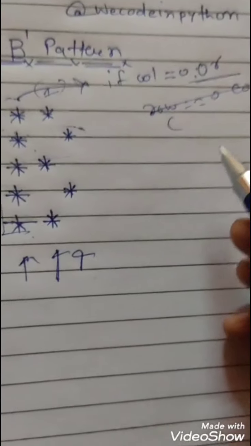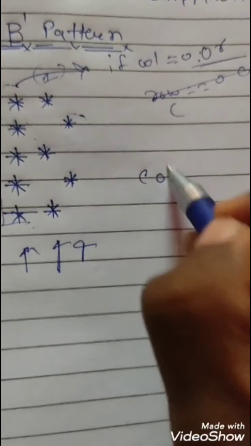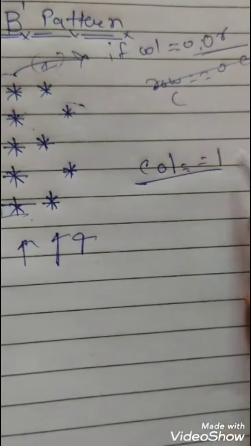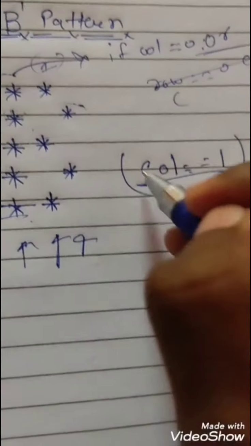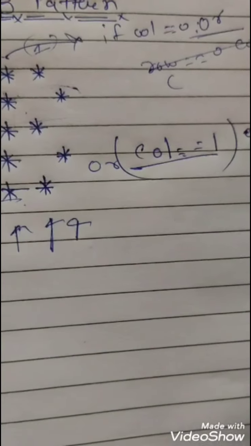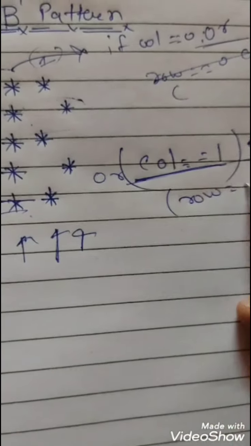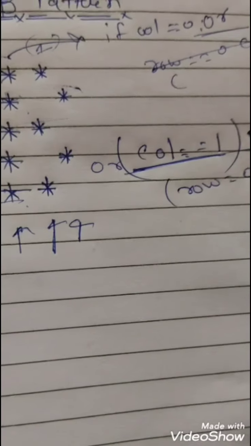Row is equal to 0 and column is equal to... so what we can do, we can use or column is equal to 1. This one we are going to use, and with this column we can use row is equal to 0 or row is equal to 2 or row is equal to 4.